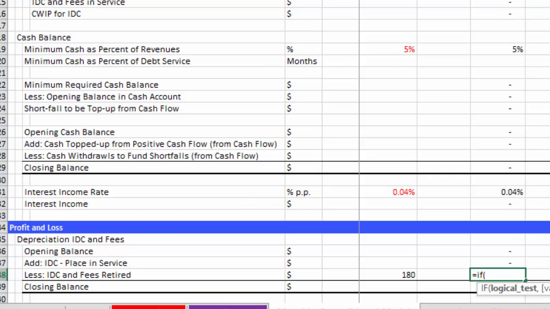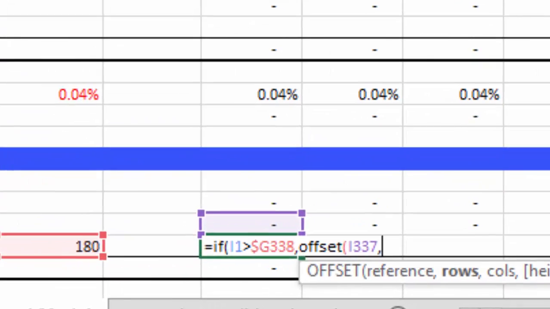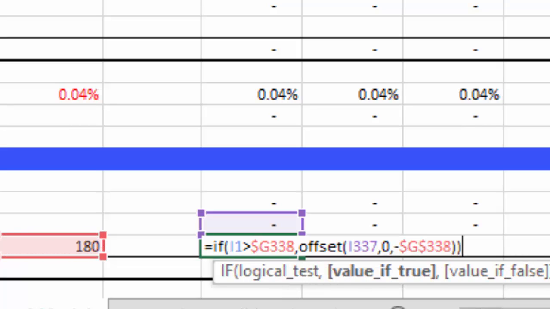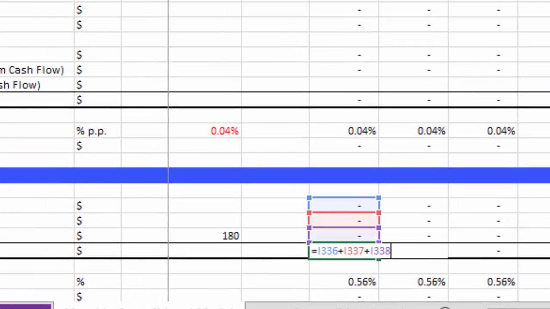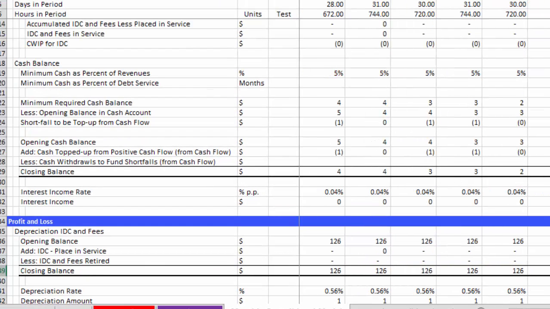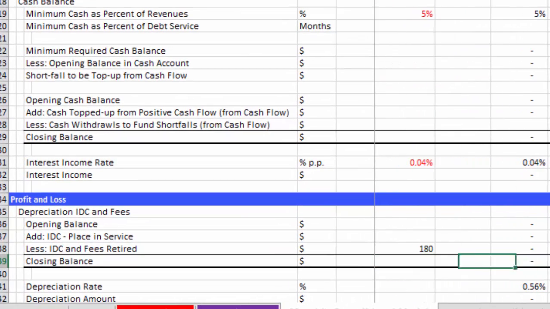If the period is greater than this, you press this one a few times, then you offset and you go up and take the amount you placed in service, you keep it on the same row, and you put a minus on the... Okay, and then we go across, and eventually, hopefully, this goes to, oops, see, I did something bad here, because I didn't subtract it. Okay.